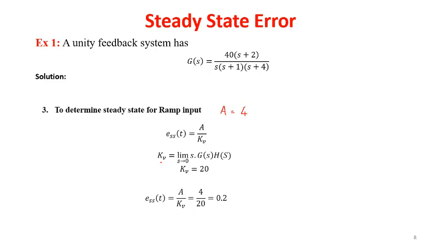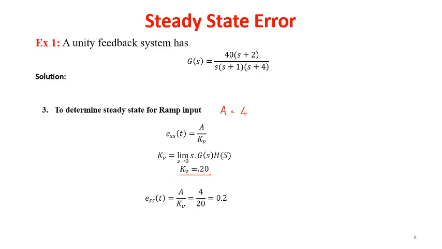Hence we need to find Kv first. Kv is limit s into g of s h of s as s tends to 0, and the value we found previously was equal to 20.